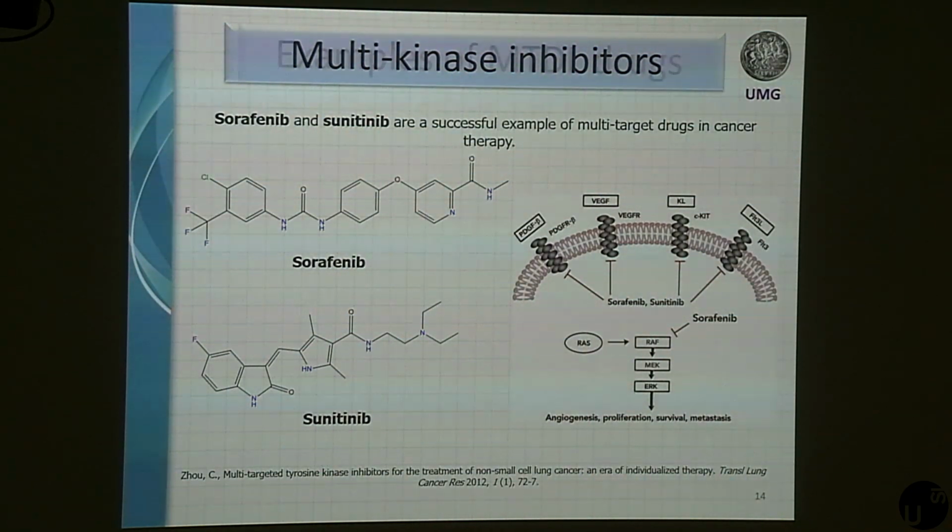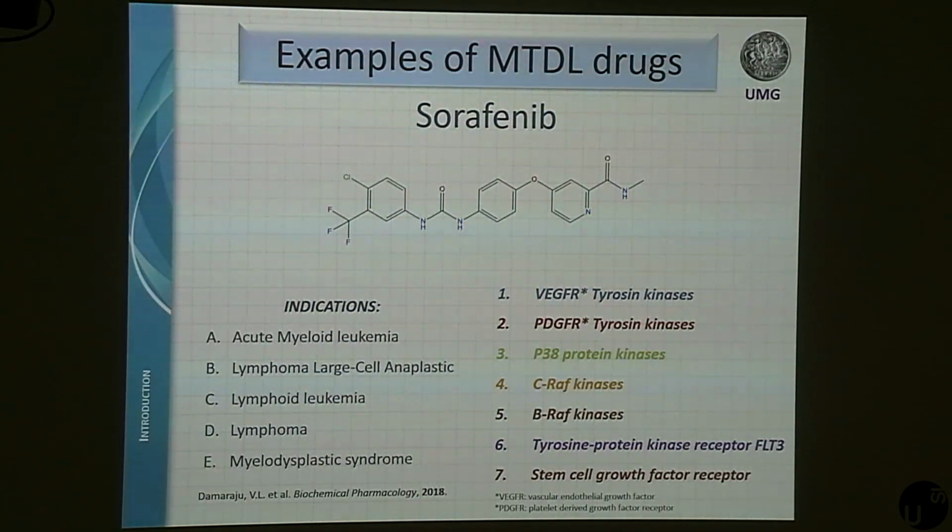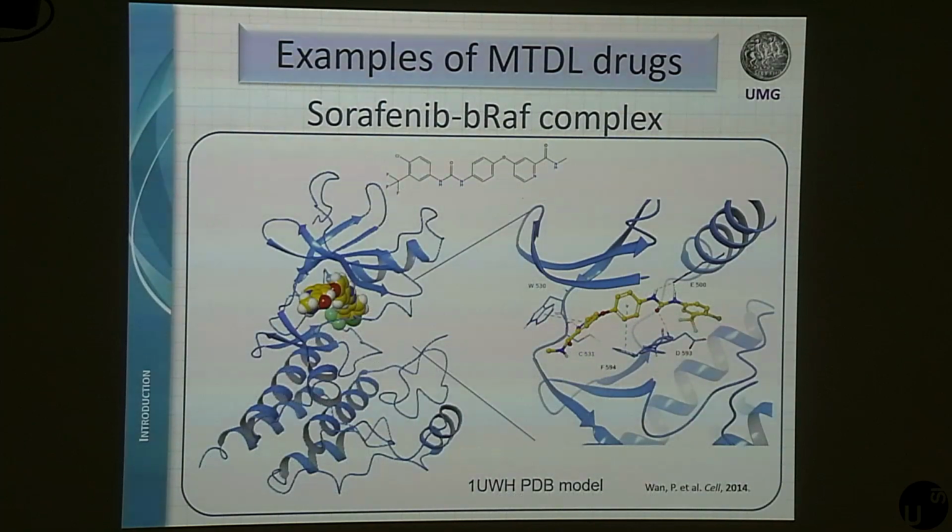For example, sorafenib can act against, as you see, 7 different targets. This is probably an exception, but it is very important to find compounds with this profile because we can use them in different scenarios, in different diseases.